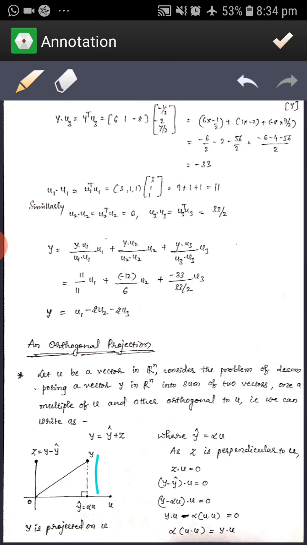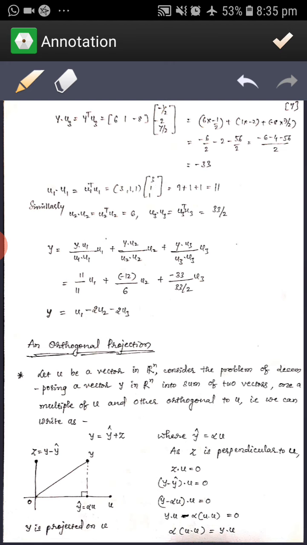Then if we want to calculate the projection of y on u, y bar is equal to alpha u. Then z, here this value, is z equal to y minus y bar.